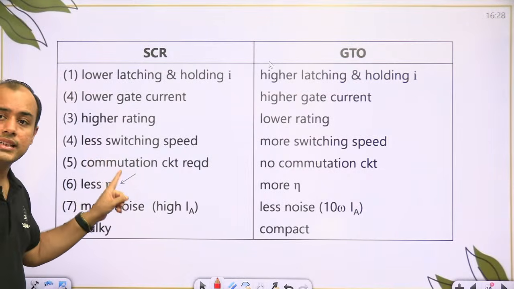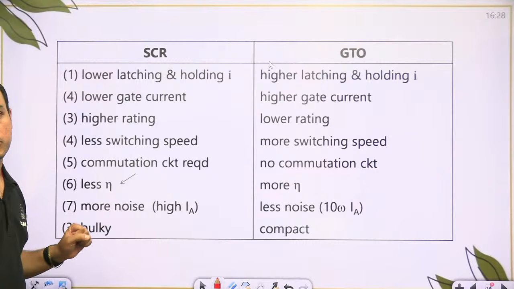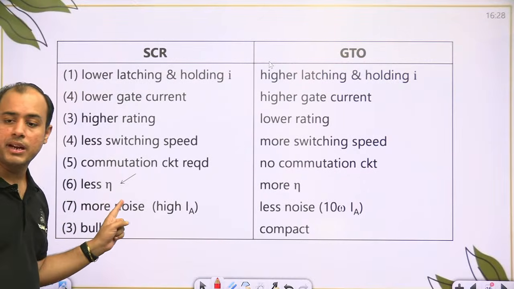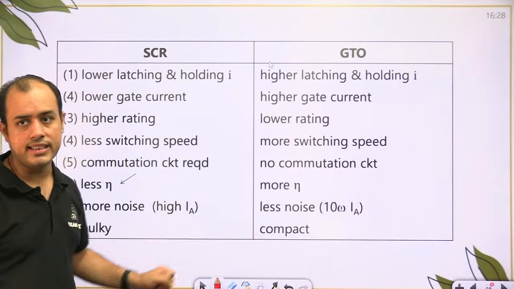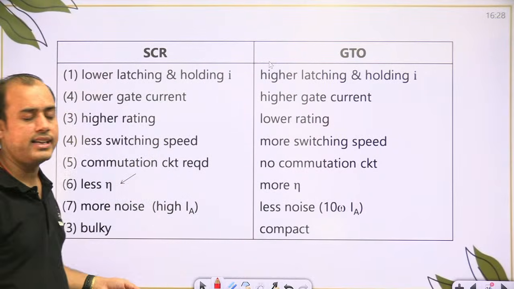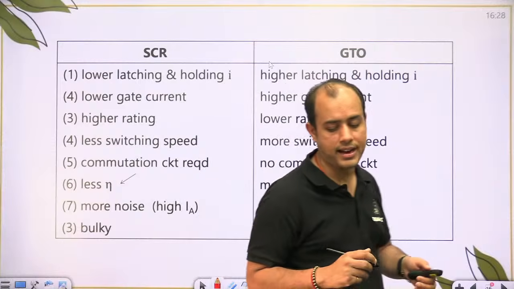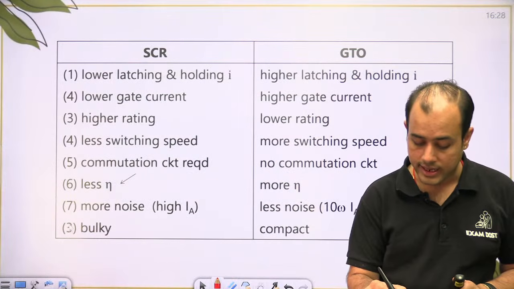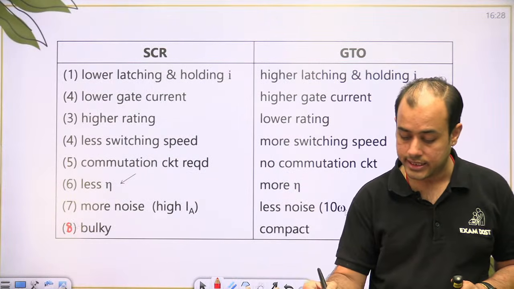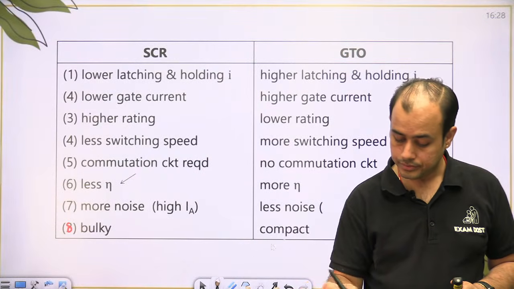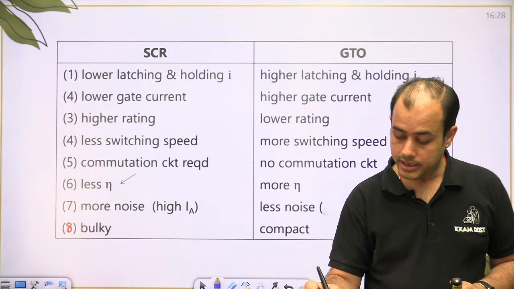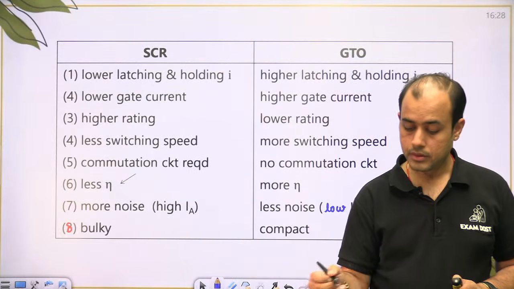Why? Because in SCR there are losses in the commutation circuit. SCR produces more interference. Okay. GTO produces less interference. SCR is bulky, GTO is compact. Okay, so size wise SCR is larger than GTO. ठीक है बेटा.